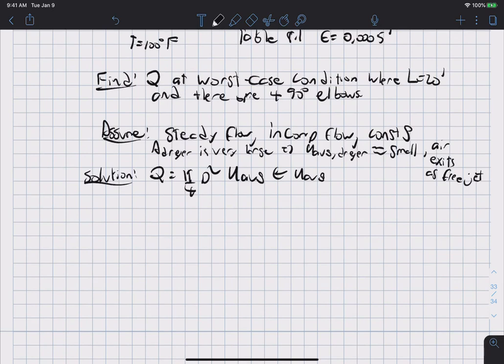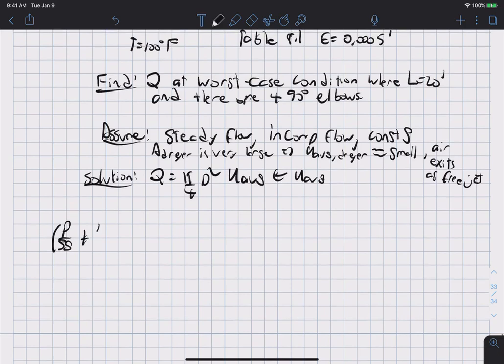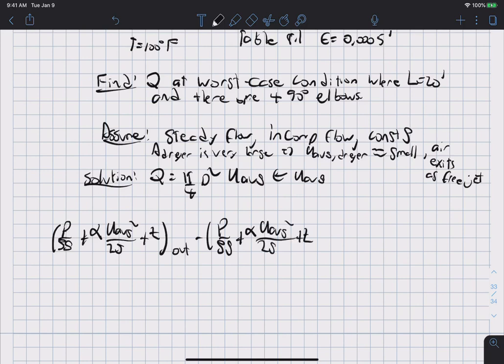Okay, so we're going to use the energy equation like we always have. That means P over rho g plus alpha U average squared over 2g plus z at the outlet, minus P over rho g plus alpha U average squared over 2g plus z at the inlet, equals W dot in over m dot g minus W dot out, which could be from a turbine, divided by m dot g, minus the total head losses.